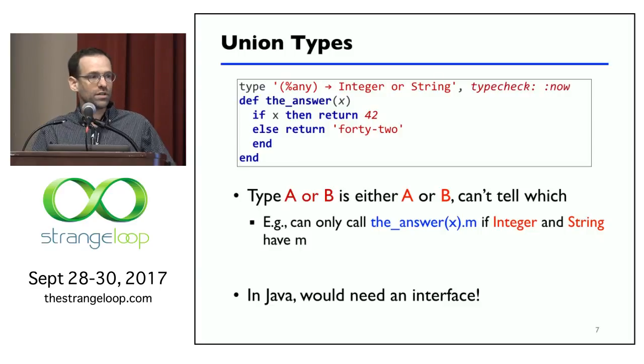If you want something to be either an A or a B, you have to think about what method you want to call, let's say it's M, and then you make an interface having M in it, and both of those things implement the interface. So unions are useful. In RDL, we have them, and you can just create them on the fly using OR instead of having to name them or give them any separate identity besides just using them where you want them.